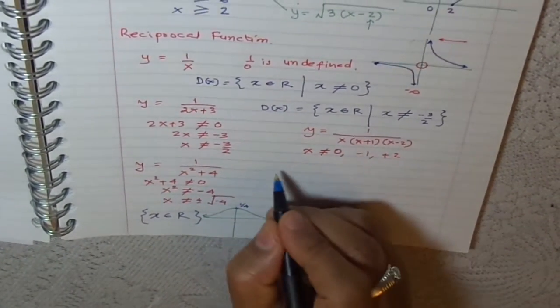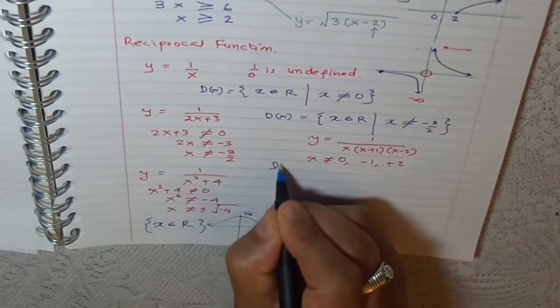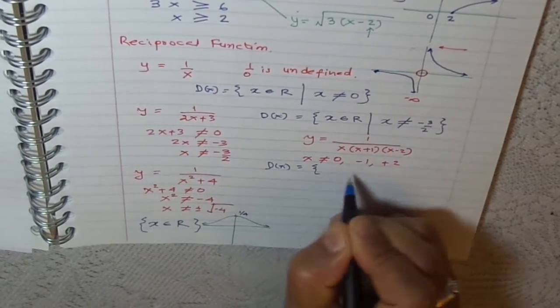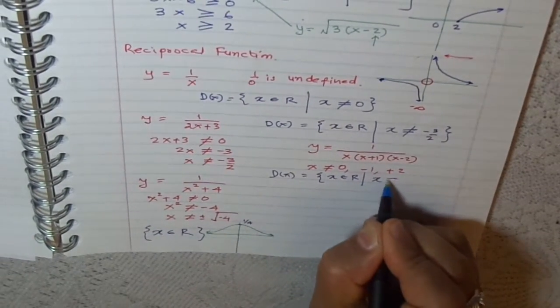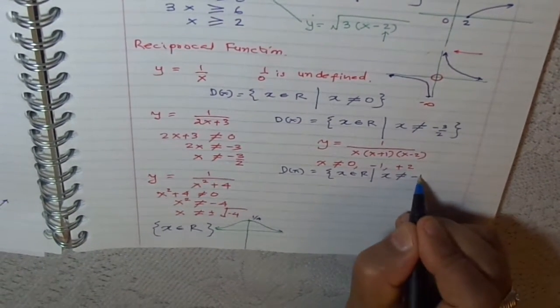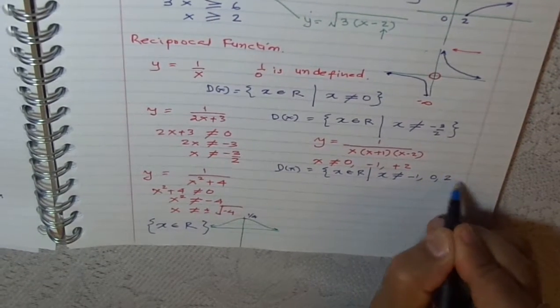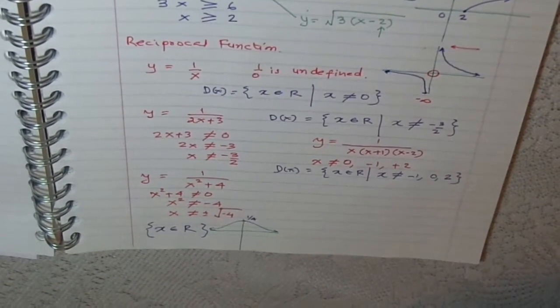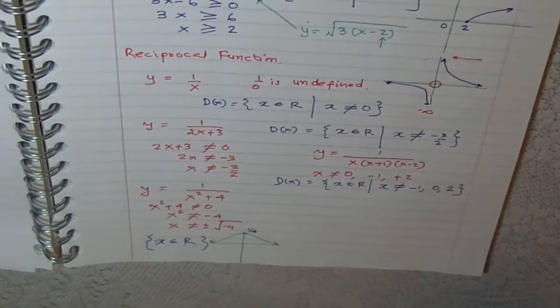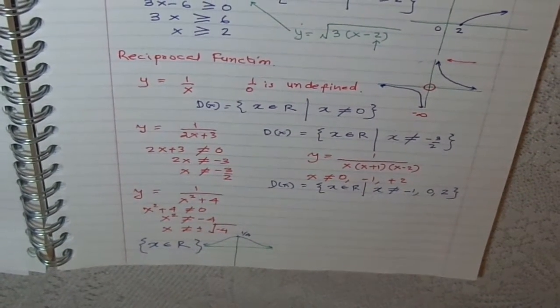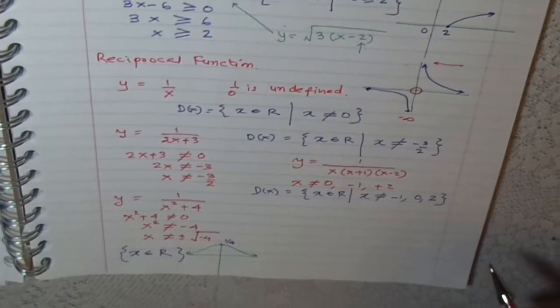Therefore here the domain can be written as x belongs to real numbers, where x is not equal to minus 1, 0 and 2. So it's good to write them in order. Even if you don't maintain this order, it is okay, but it doesn't look nice. So better put it in particular order.